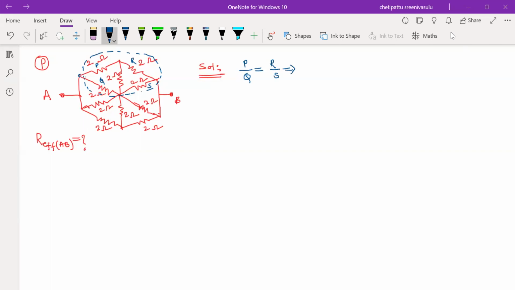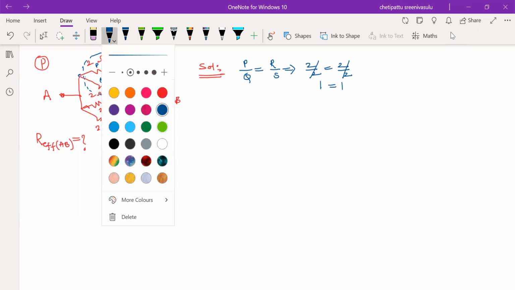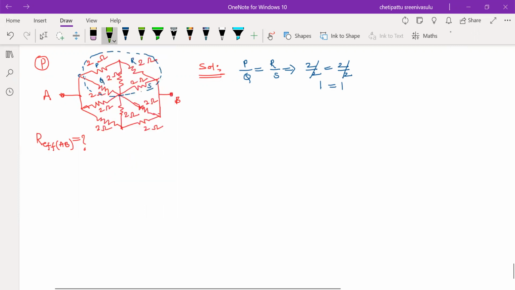From that what can we write? 2 upon 2, 2 upon 2. This will be 1, this will be 1. So this condition is satisfied. That's why we can neglect this resistance, because this point's potential and this point's potential are the same.